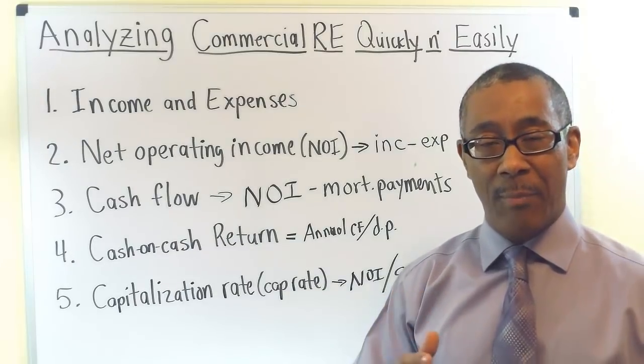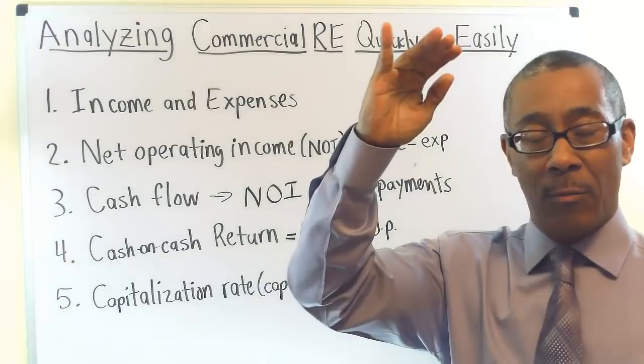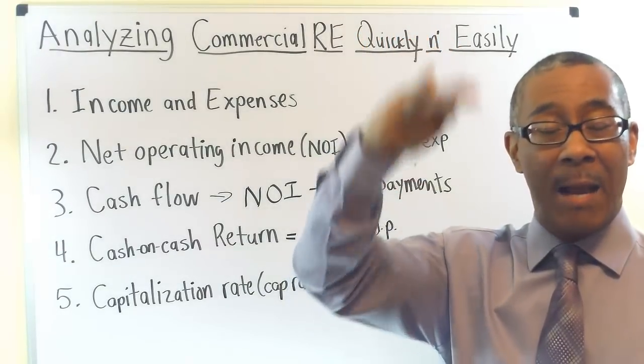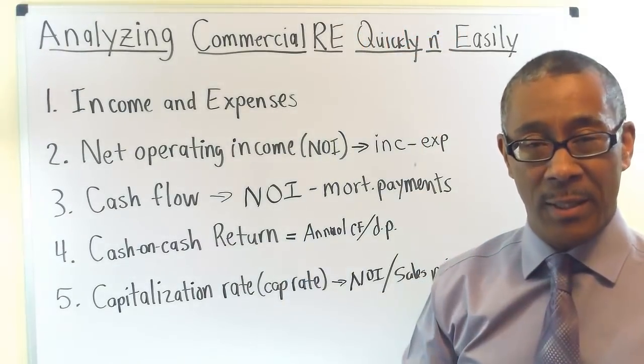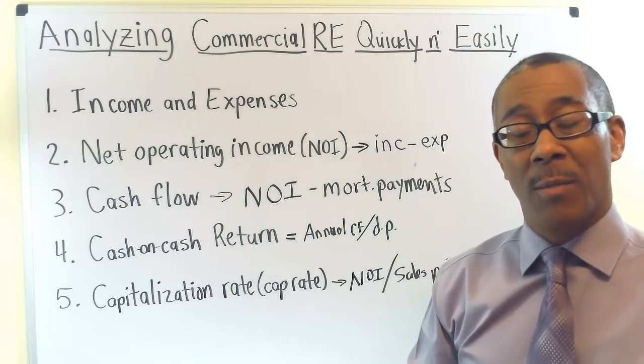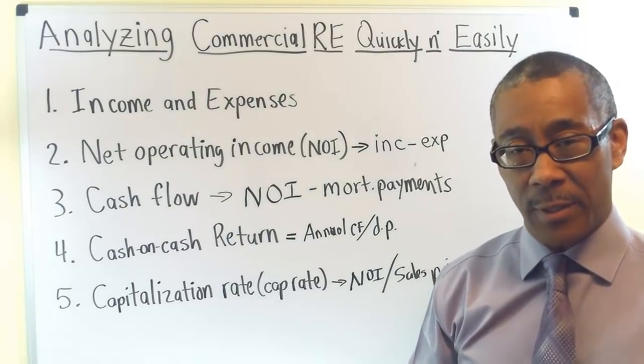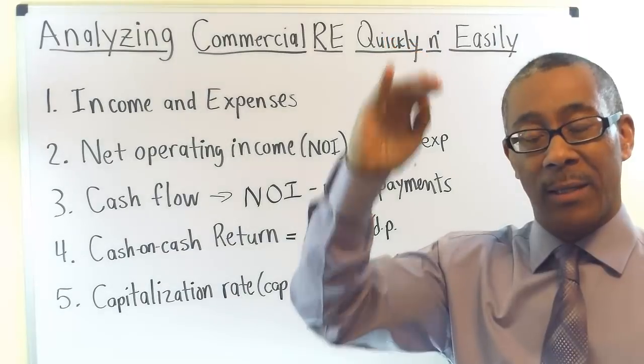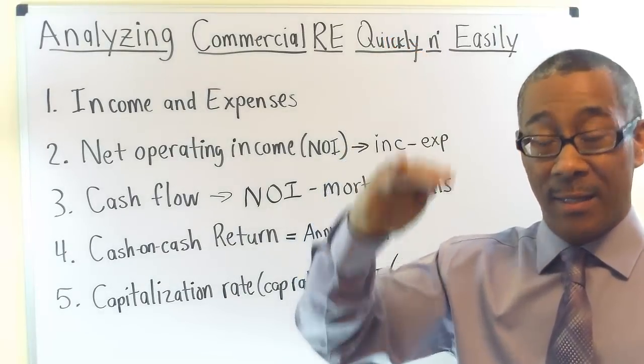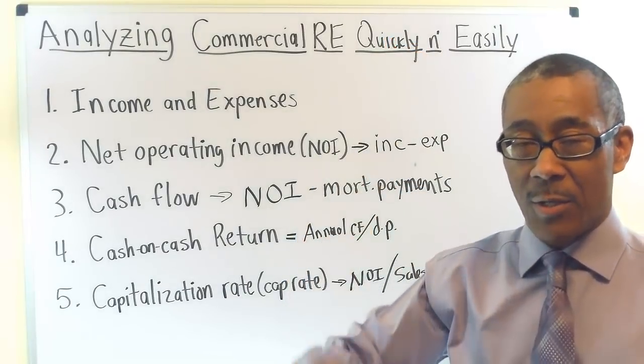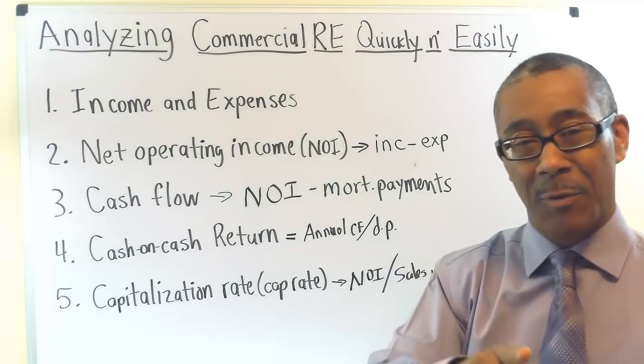But a high cap rate property will probably be in a neighborhood that's not as good, maybe a low to moderate income neighborhood. So the higher the cap rate, the higher the risk, the higher the potential return, but also the lower the price. Okay, let me repeat that.